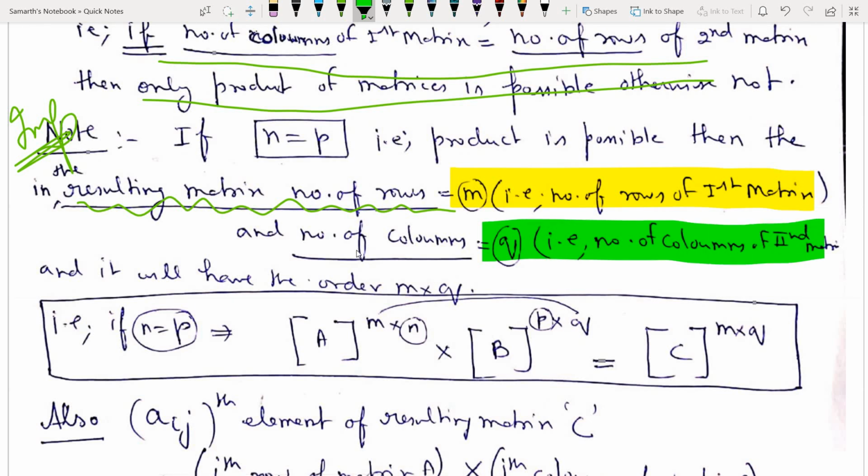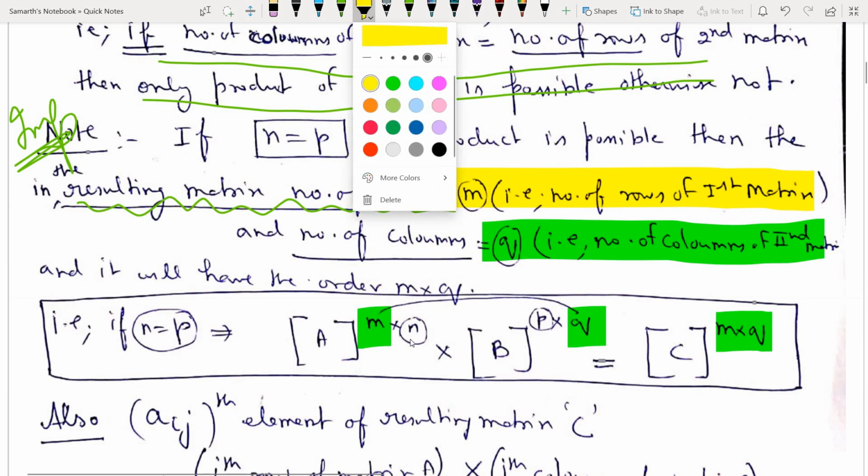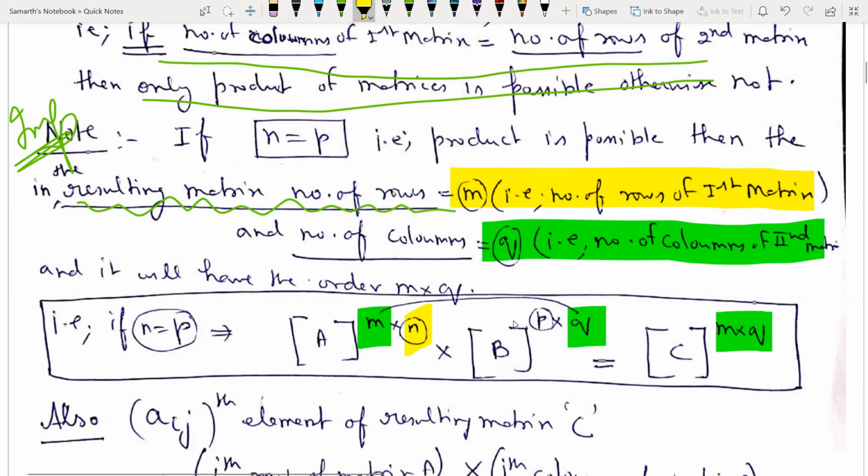That means it will contain the number of rows of the first matrix and the number of columns of the second matrix. So if n is equal to p, that means the number of columns of the first matrix is equal to the number of rows of the second matrix, then the resulting matrix will be of order m by q.